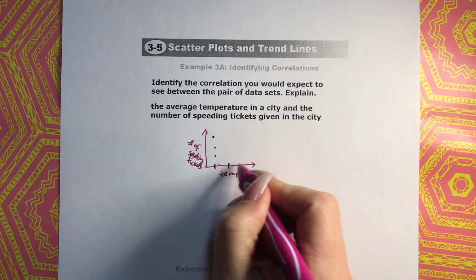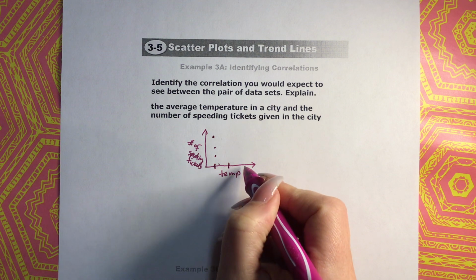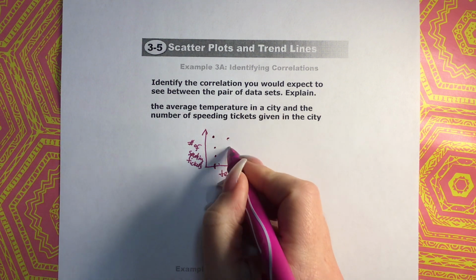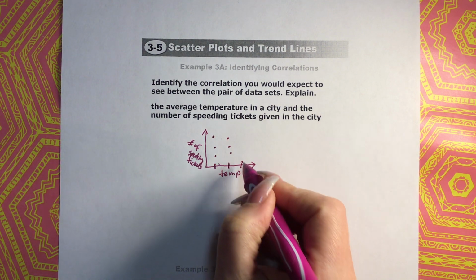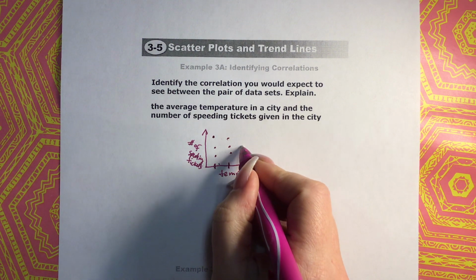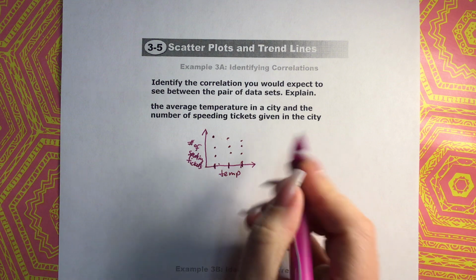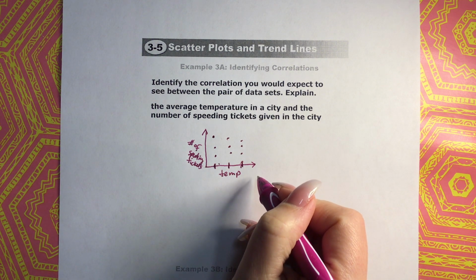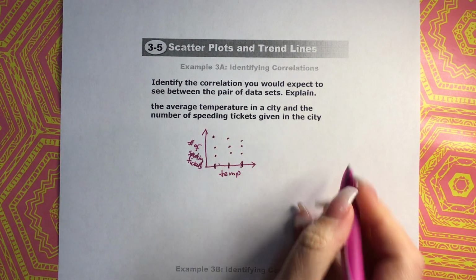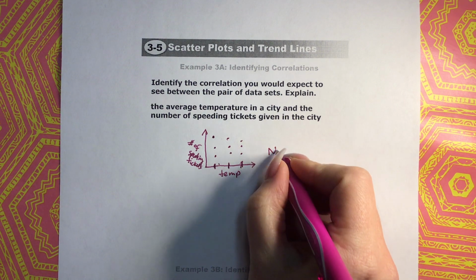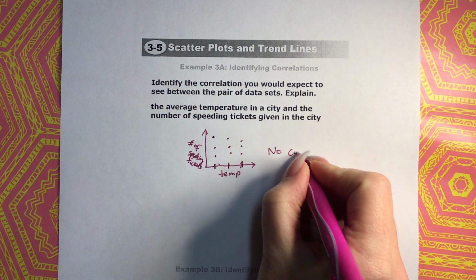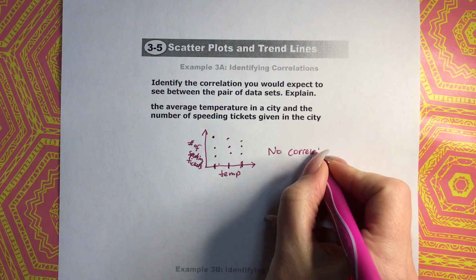If the temperature is a little bit warmer, I think it would be the same thing, right? Or if it was really high, it would be the same thing. So I think this would end up having a lot of points all over the place. So I think this is an excellent example of no correlation.